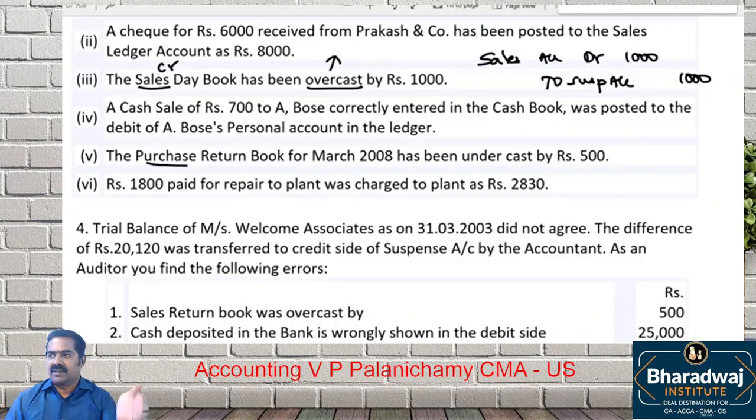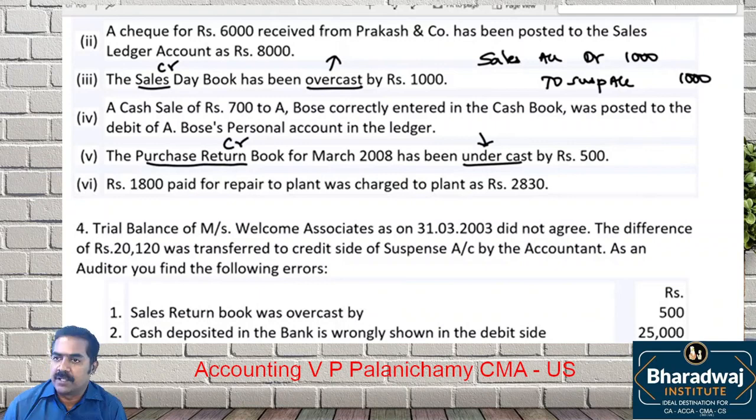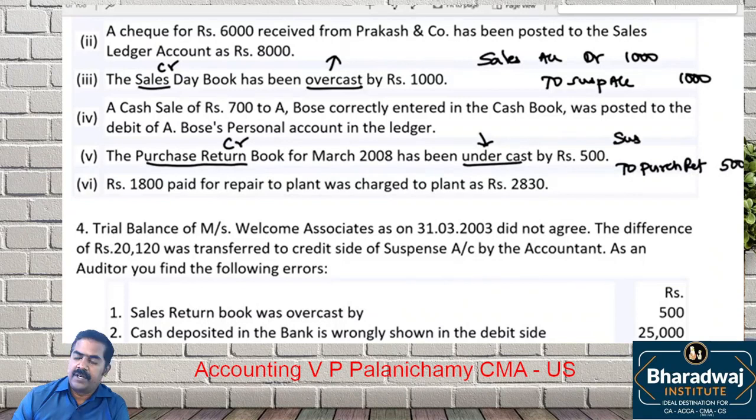Credit further. Suspense account debit to purchase returns. How much? 500. Suspense account debit to purchase returns 500.